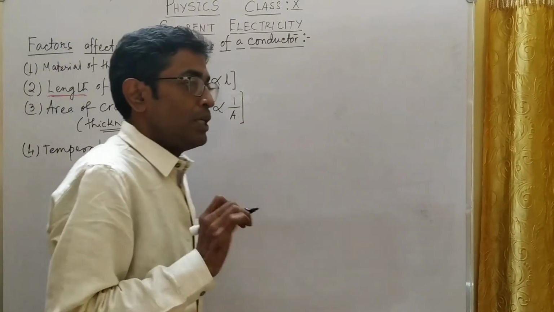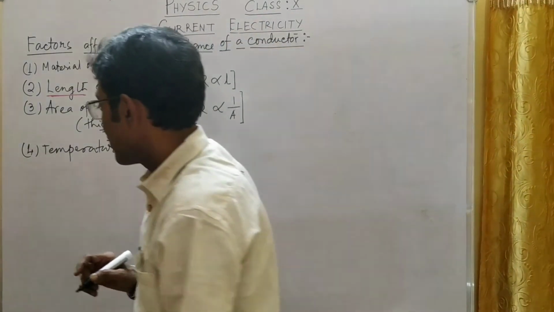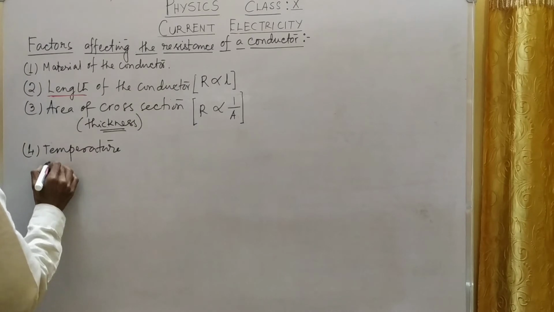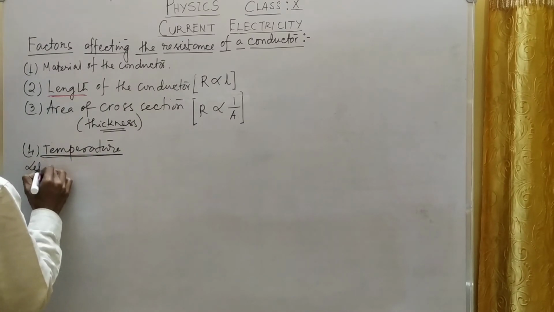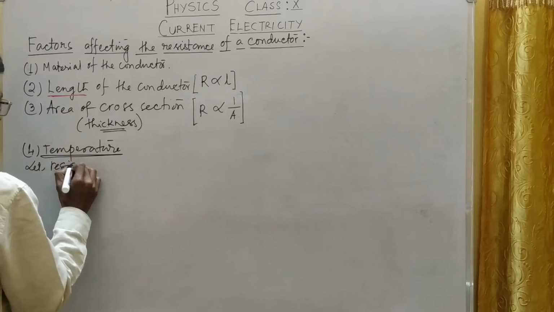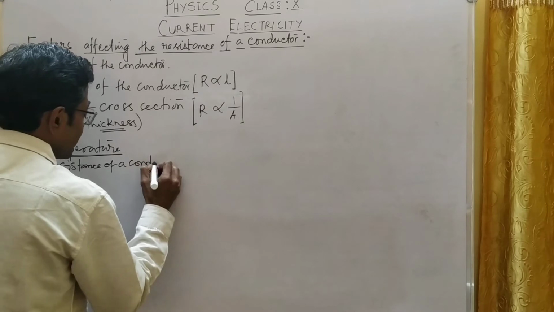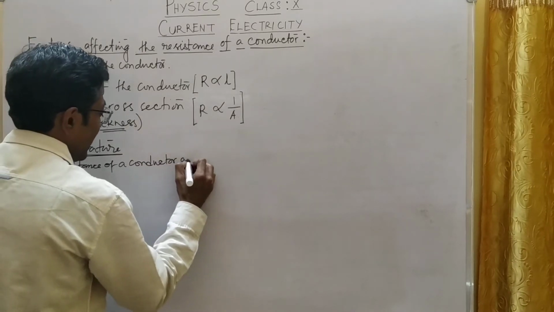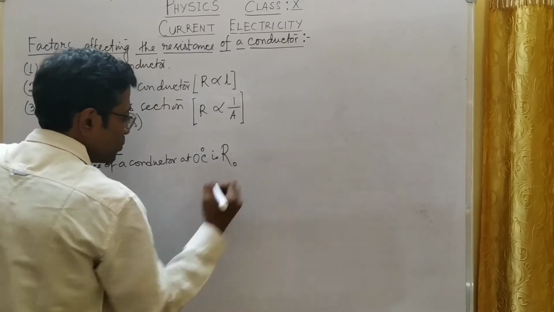Remember, this is just for your knowledge. I am writing one thing, that is temperature of a conductor. Say resistance of a conductor at T degree Celsius. Let the resistance of a conductor at 0 degree Celsius be R0.